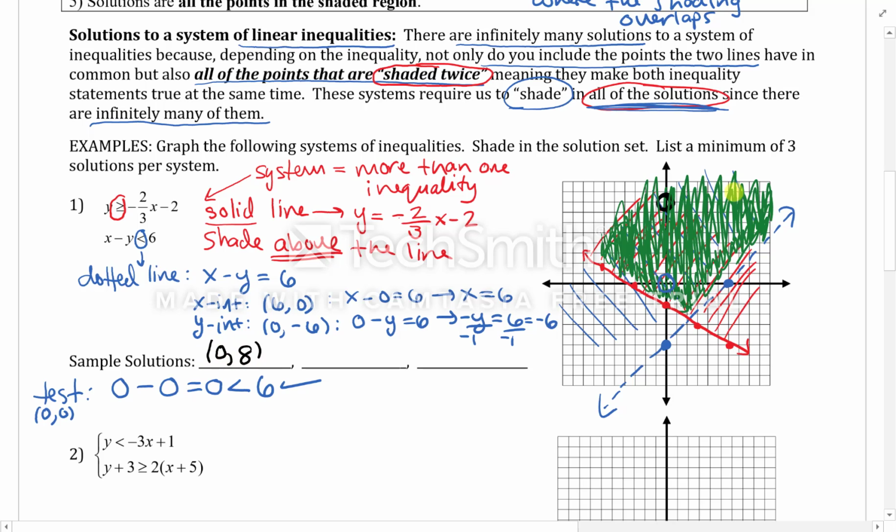That is one of my infinitely many solutions, all in this green shaded area. I could maybe pick something like right here, nice and easy to see, where x is 2 and y is 2, because it's 2 units to the right and 2 units up. Also nicely there in my shaded area. Maybe I'll pick something over here on the negative side, which looks like it's 2 units left and 3 units up.